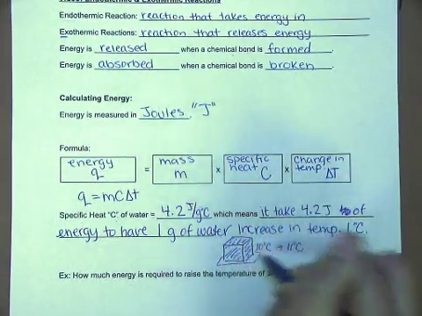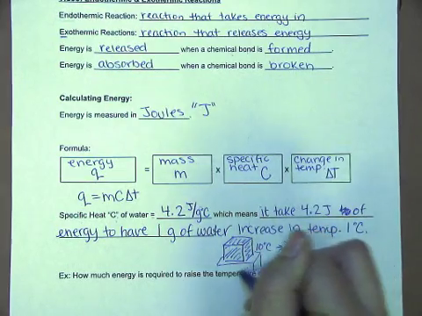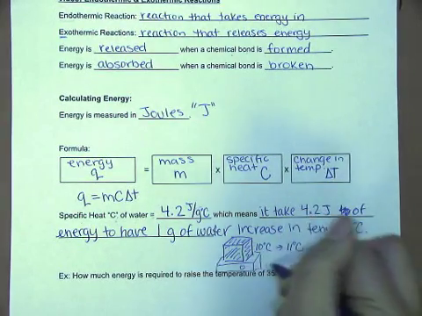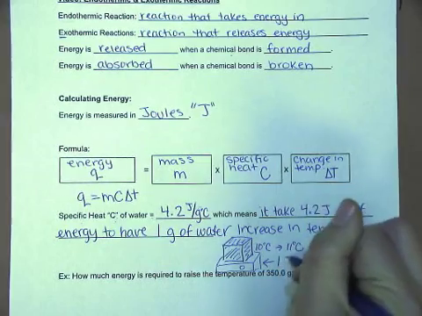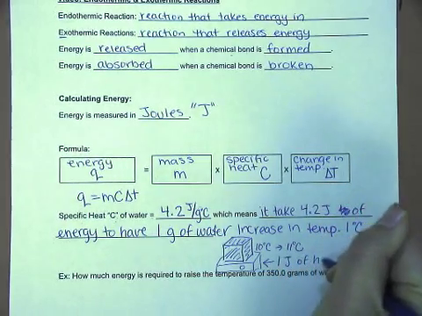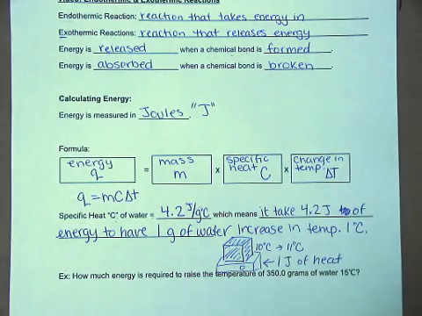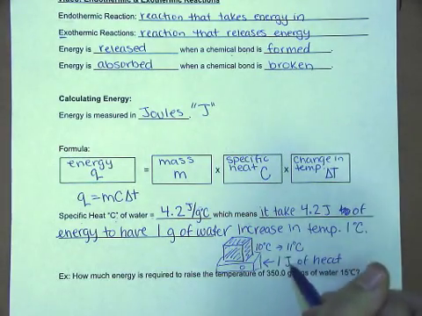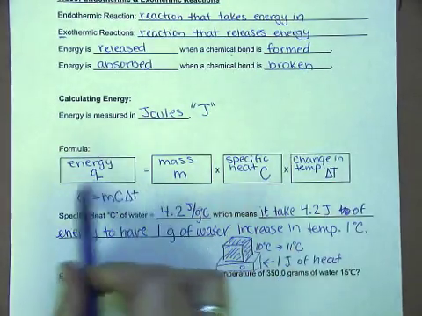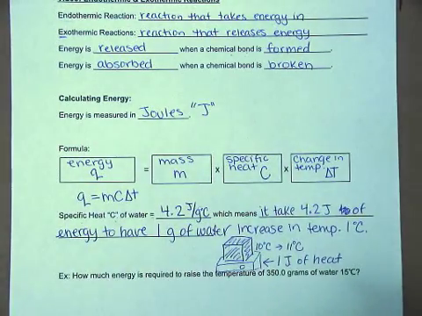You can use a hot plate. I need to apply to it 1 joule of heat. Then it'll go up 1 degree Celsius. So I can determine how much heat is needed to change my water using this math equation. So we can do that.